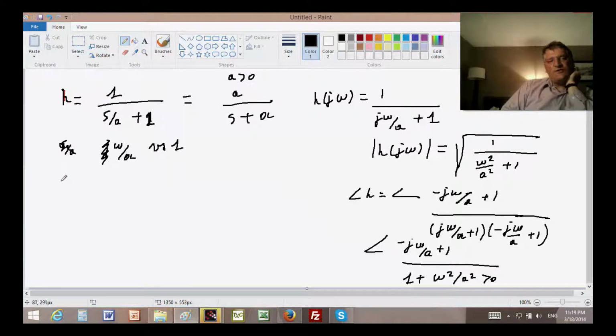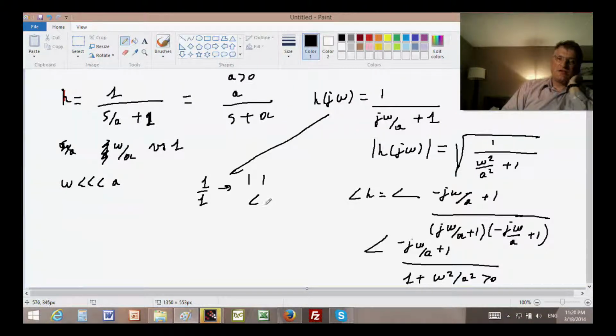When omega is much less than a, this really starts looking like 1 over 1. And of course, the magnitude and the phase are very easy to get. The magnitude is 0 dB and the phase is 0.